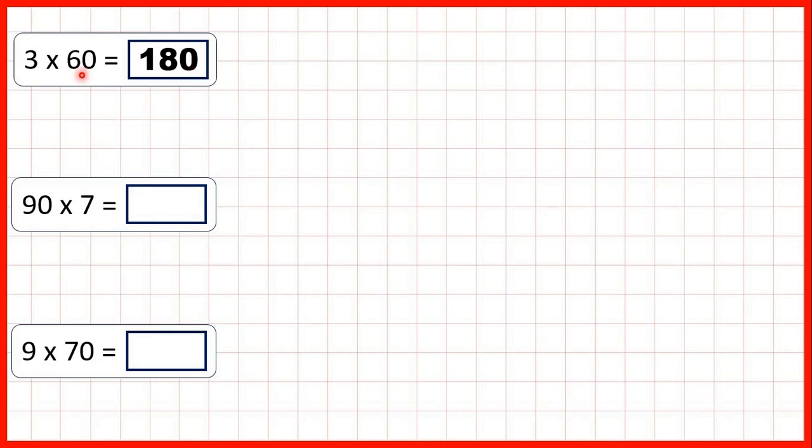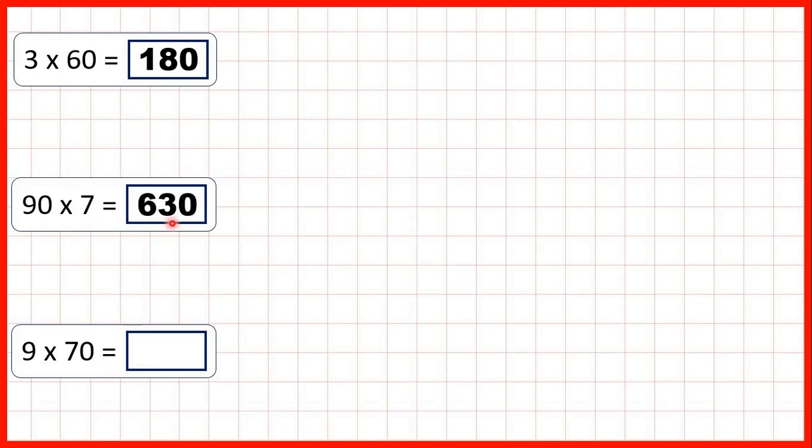And that makes sense if we think that 60 is 6 tens. So if we multiply 3 by 6 tens, we will get 18 tens, and 18 tens is the same as 180.